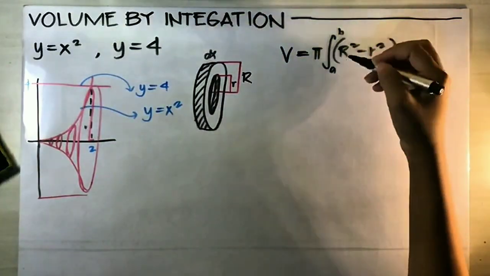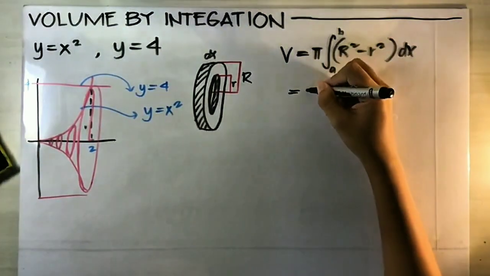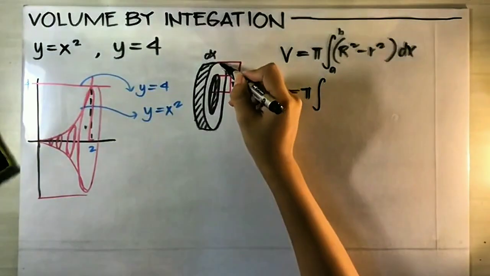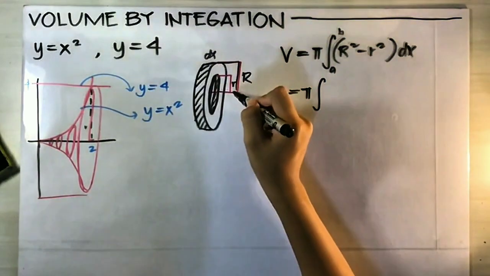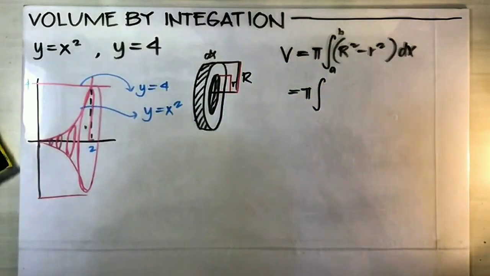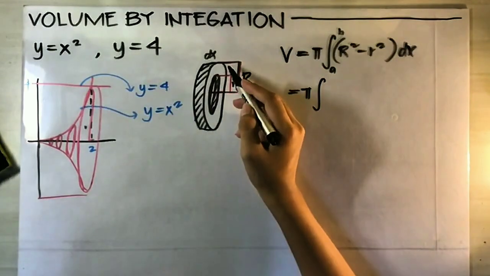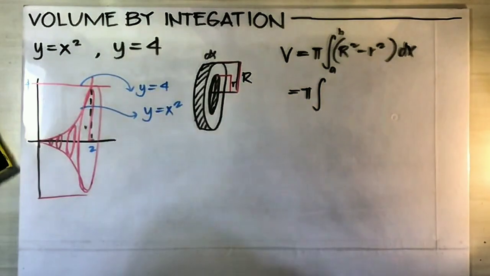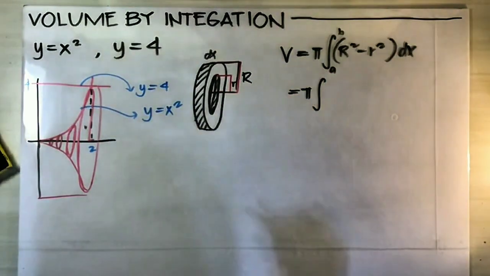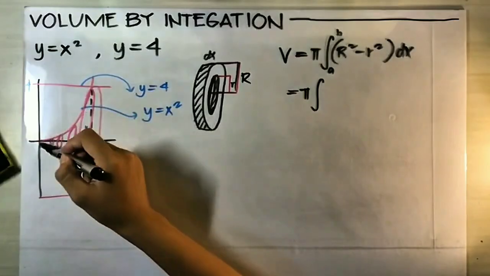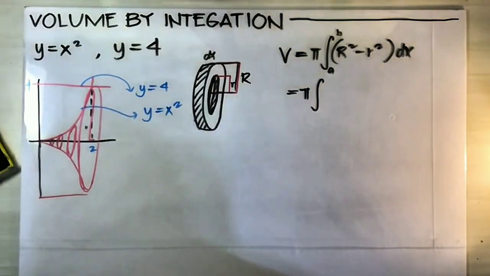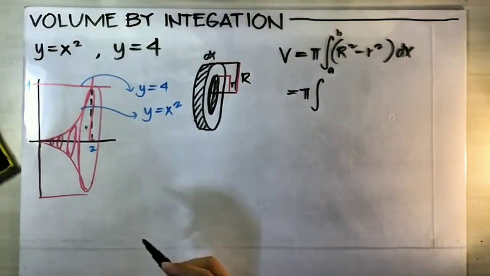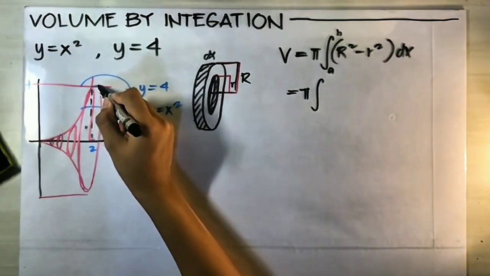Now let's get the values. What is our outer radius, or the big radius? As we can observe here in our figure or the graph, the R is from here to here.